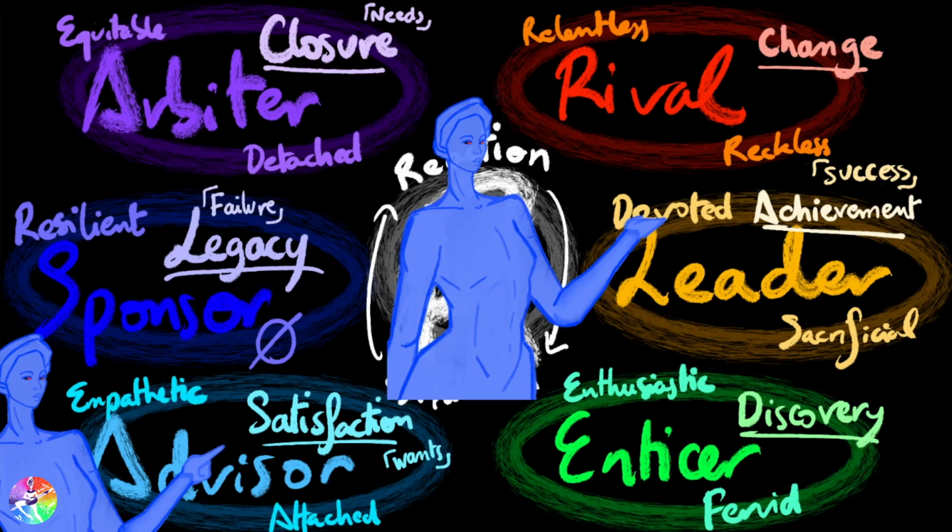So if these two characters, for example, the two characters bearing the role of rival and advisor, were antagonists, so for example, the rival is the protagonist and the advisor is the antagonist in your story, or the threat here, it would work quite well because these two characters would have opposite motivations, and the execution of these motivations in the form of their goal would display just very well.